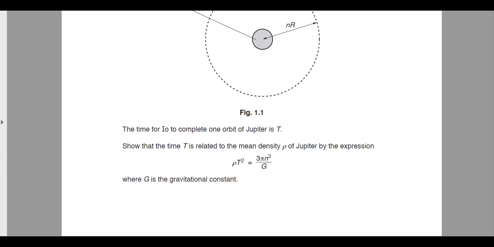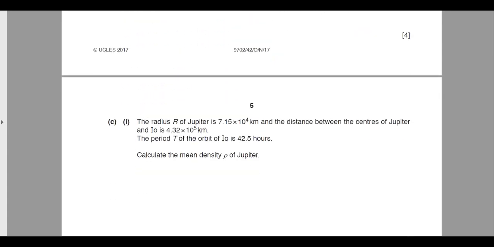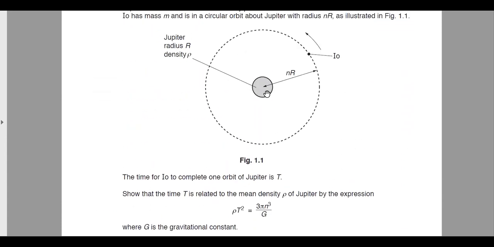Think about Galileo 411 years ago discovering Io, and if you just watched it for a couple of days, you'd find that the period for the orbit of Io is 42.5 hours. Now, it'd be really tough to get the actual absolute values of the distances for the radius of Jupiter and the radius of the orbit, but perhaps just by looking at how big the planet Jupiter looks through the telescope and how far away Io orbits, you'd be able to deduce the value of n.